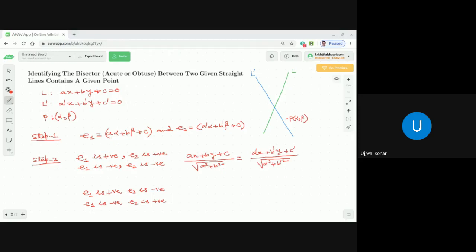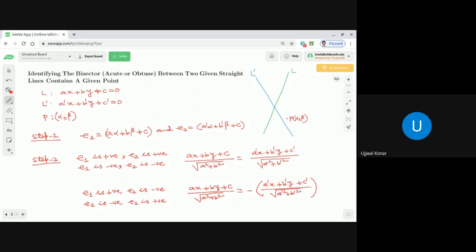We can say that the bisector of the angle containing the point alpha comma beta is this one, that is ax plus by plus c divided by square root of a square plus b square is equal to minus of a dash x plus b dash y plus c dash divided by square root of a dash square plus b dash square.